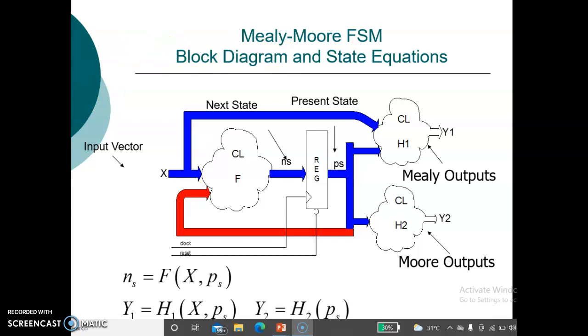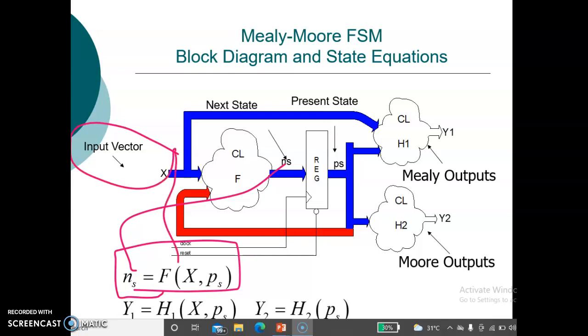NS, next state, is a function of X comma PS, okay, input vector, function of these combinational logic circuits. In these combinational circuits, what is the input vector, that is this one, and then PS, present state.